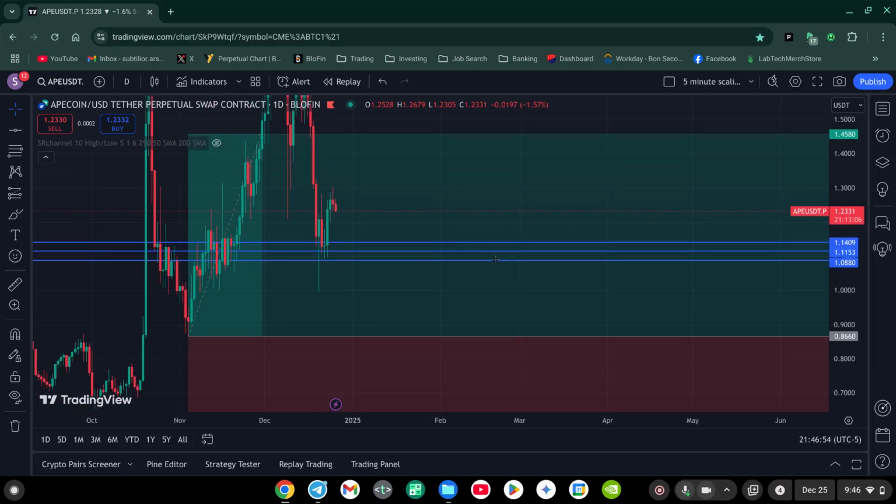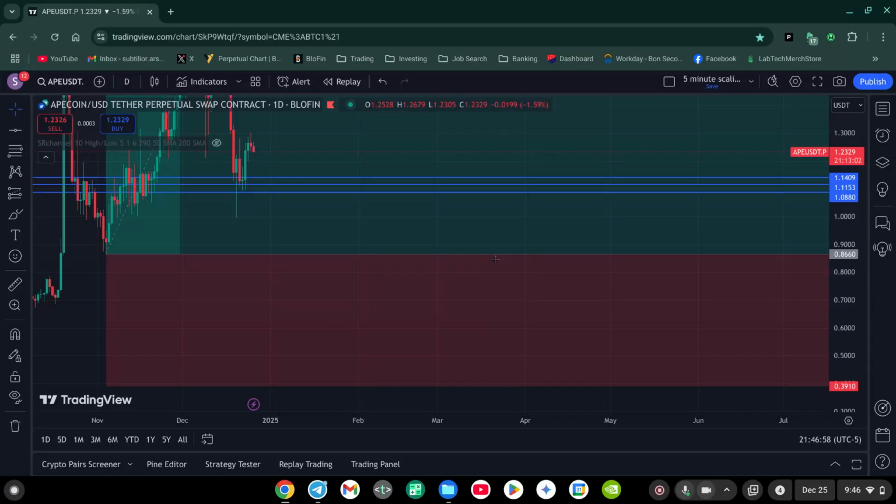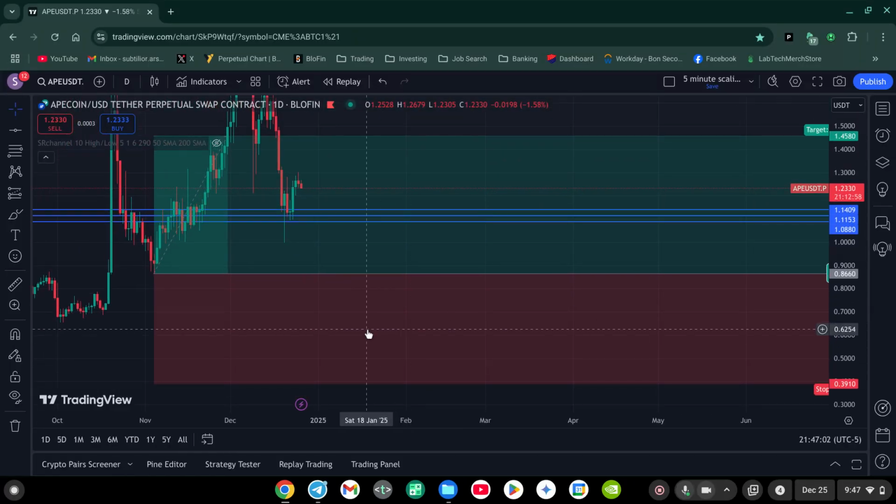Now, when I use this to express what I'm doing with a grid trading bot, I'm using it a little bit differently, okay? This green area, which normally for a long position would be the area where you're in profit, is not necessarily an area where you're in profit with the grid bot.